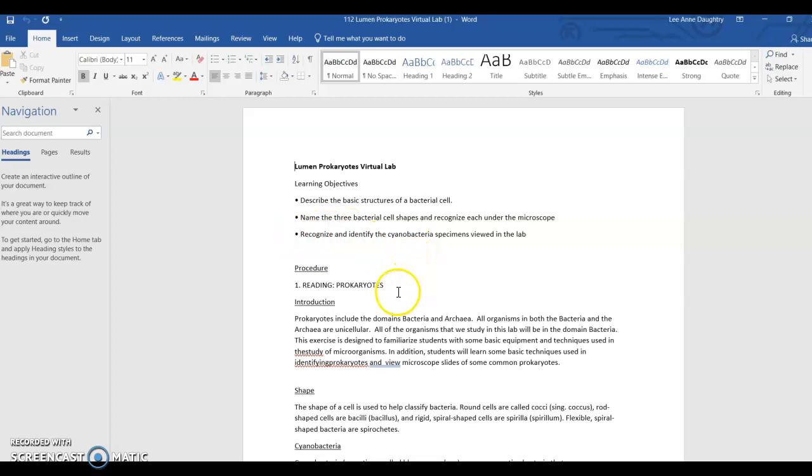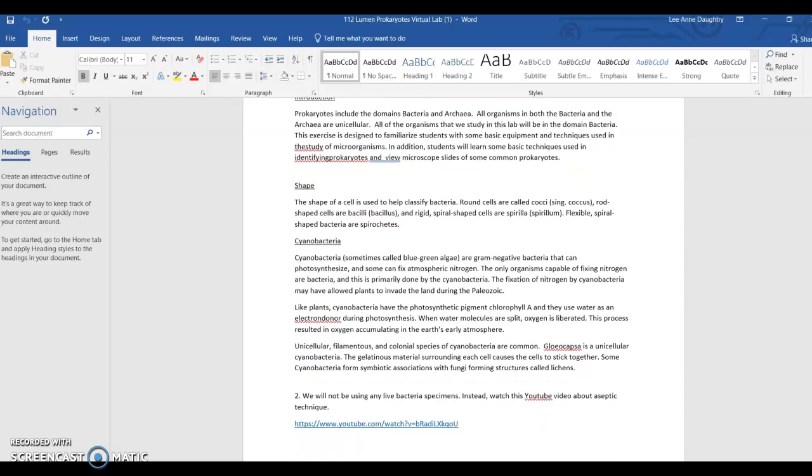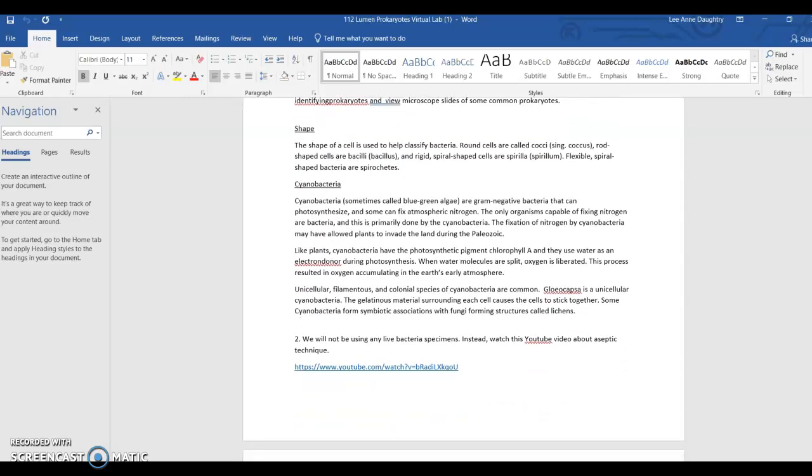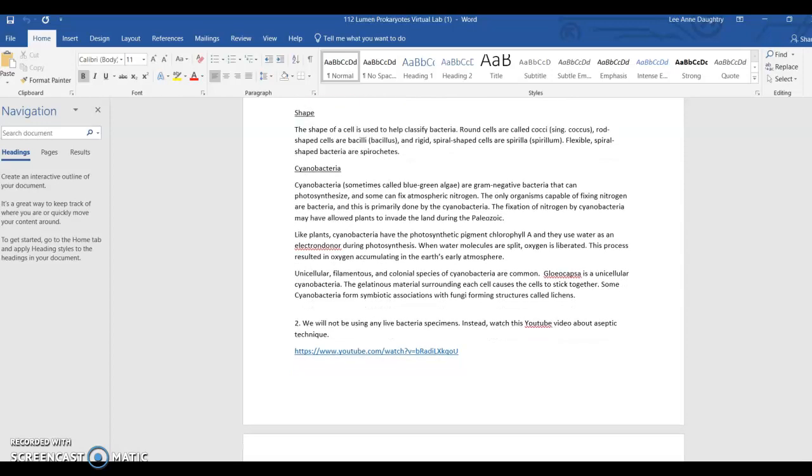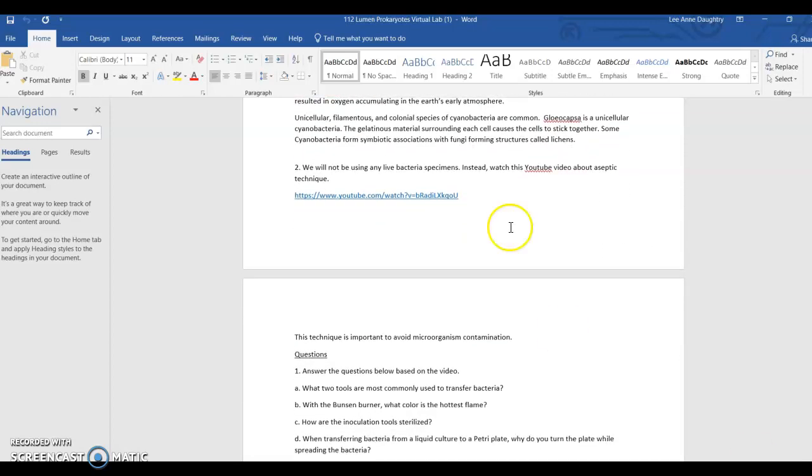And then the procedure says do the reading on prokaryotes, and that includes this introduction, so you'll read through that, the shape of prokaryotes, and then a section on cyanobacteria. And then number 2 is a little video that you'll watch on aseptic technique. While you watch that video, you'll answer these questions.